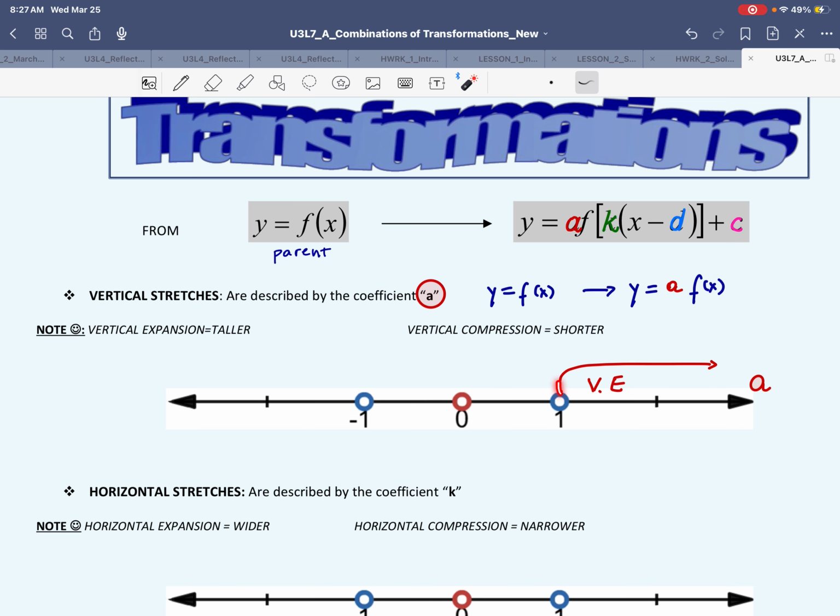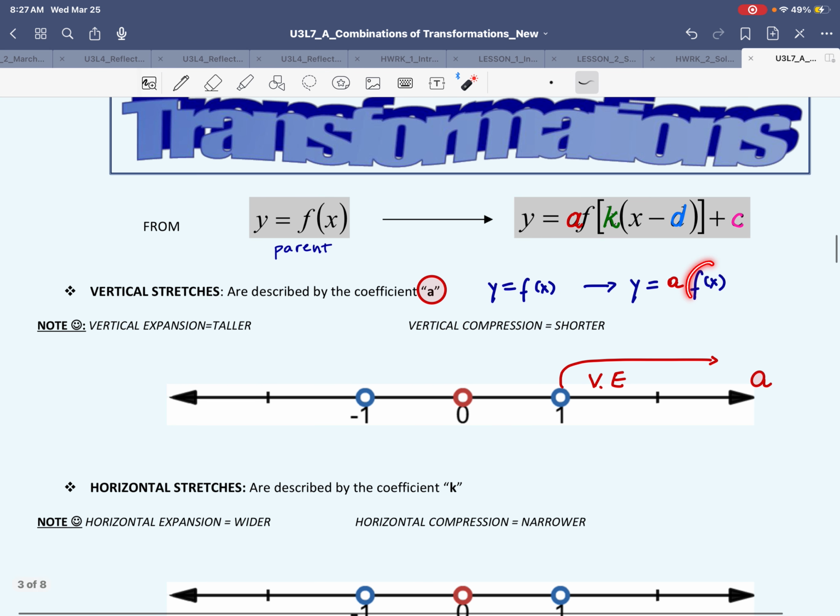If this number happens to be bigger than 1, let's say 2, 3, 100, even 1.1, then the values of y will get bigger than what they originally were. So in this case, the function will undergo what we call a vertical expansion.